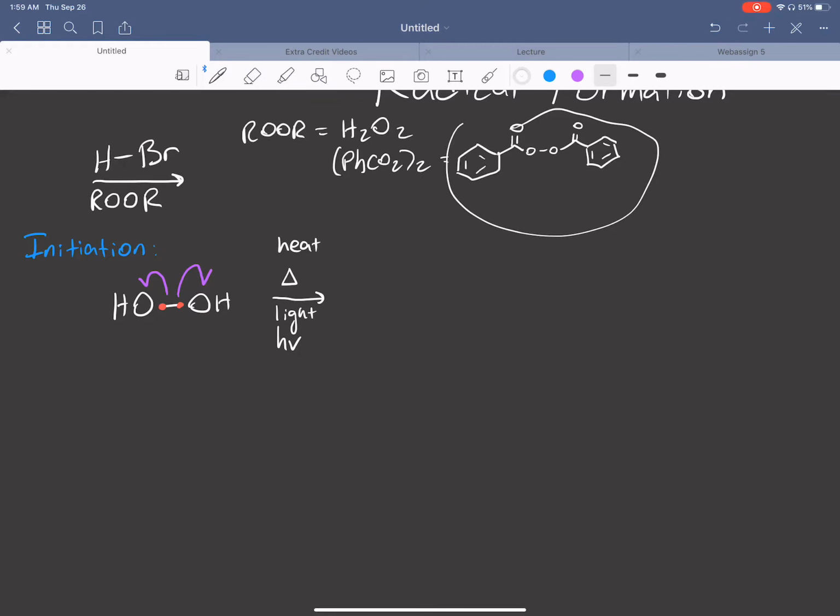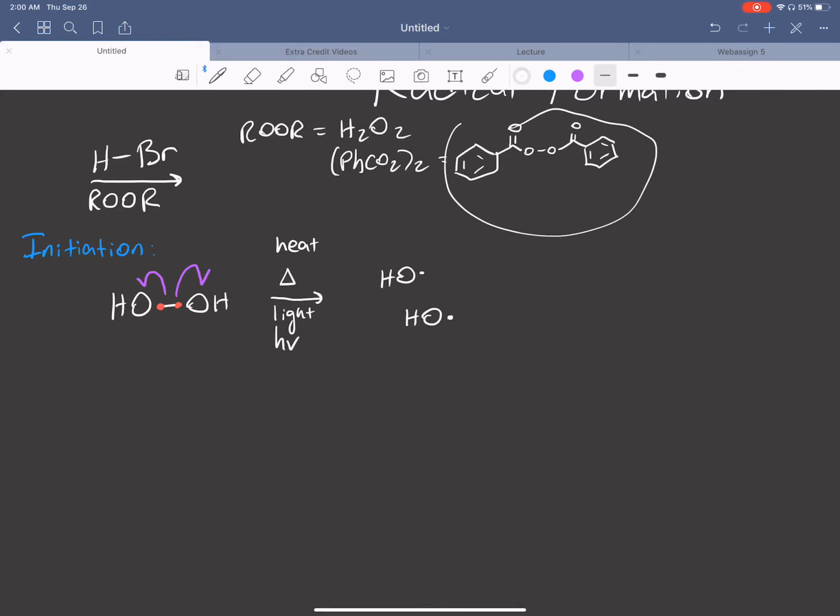So we're going to have two of these OH with a radical, one electron. Okay, so that's part of our initiation step. And so actually, let me just draw these out as two separate ones. We have HO radical, HO radical.